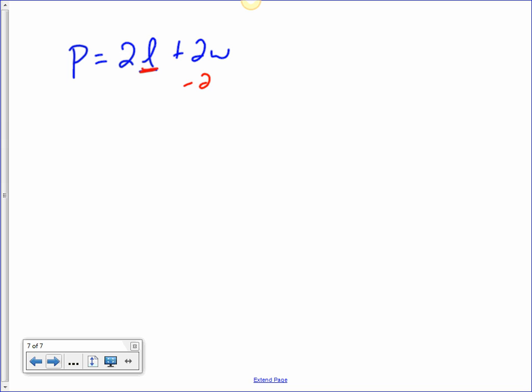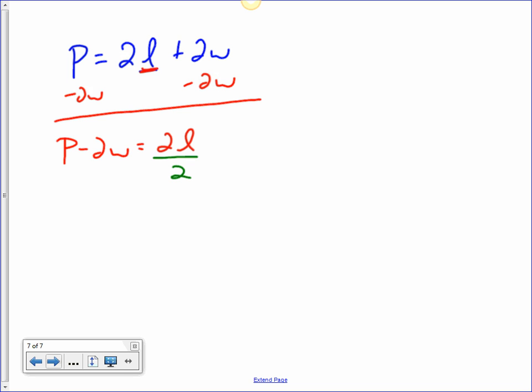Now I would subtract 2w, and I'd be left with p minus 2w is equal to 2 times L. How do I get the L by itself? I would now divide by 2 on both sides. And you'd have length is equal to p minus 2w all over 2.